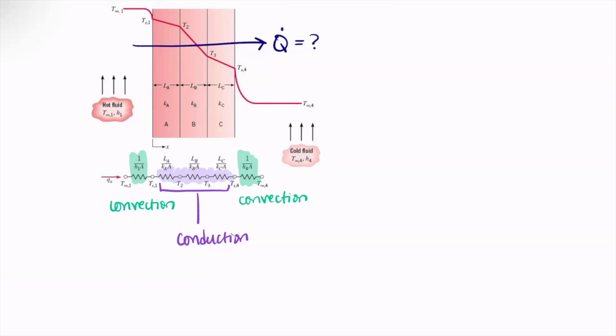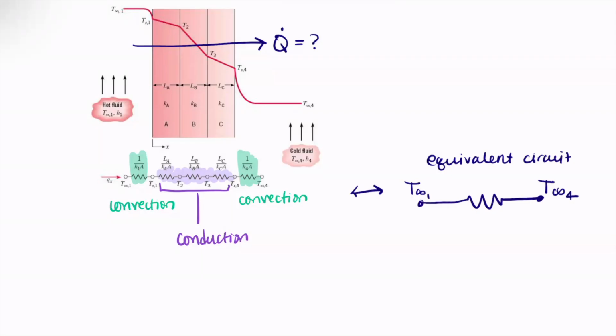Okay, so if we wanted to make an equivalent circuit, we would have T infinity on side one, a resistor, and then T infinity on side four, where we have Q dot.